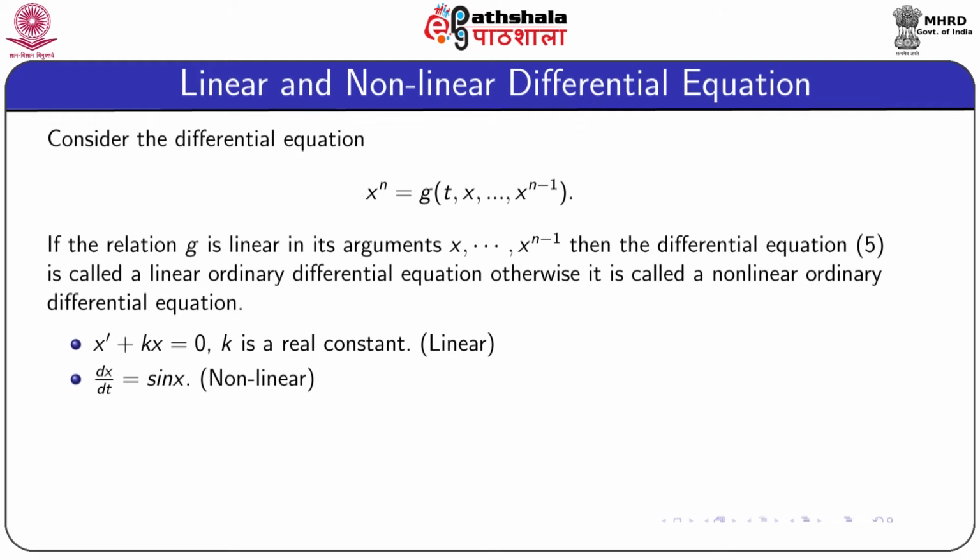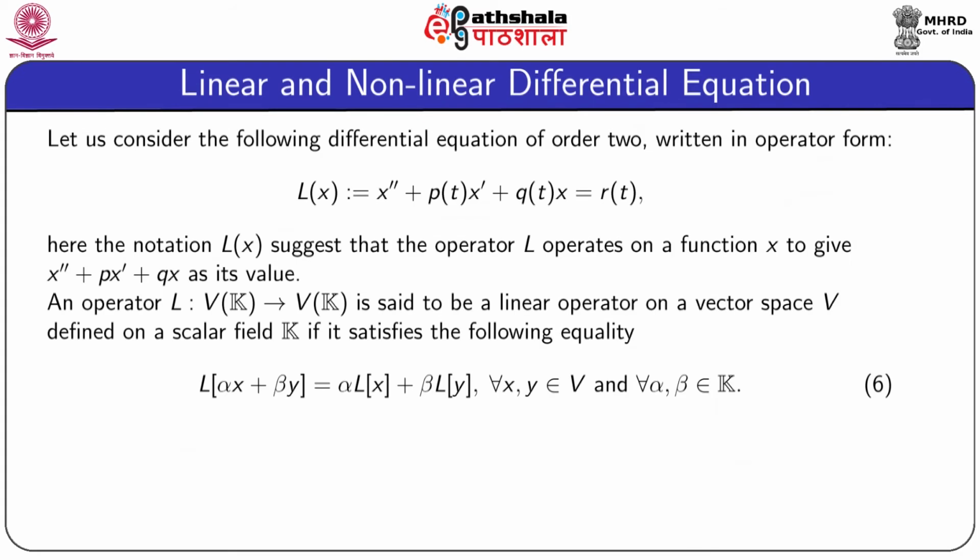Let us consider the following differential equation of order 2 written in operator form Lx, which is equivalent to x'' + p(t)x' + q(t)x = r(t). Here the notation Lx suggests that the operator L operates on a function x to give x'' + px' + qx as its value.